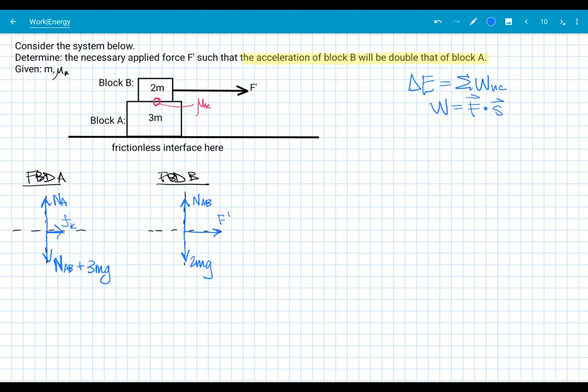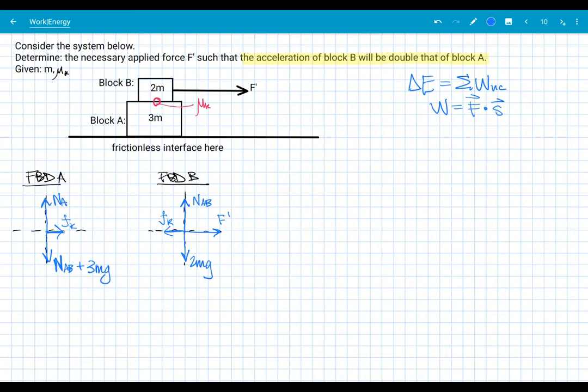And on this block, it might be more straightforward to see that here we have the kinetic friction that's impeding. We can think of it in this traditional way as impeding our progress, right? Because it's dragging that 2M block along the surface of the 3M block, and there is friction at the interface. The friction is opposing the motion.